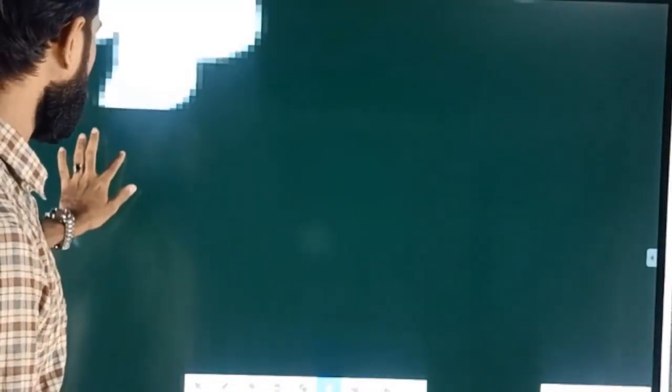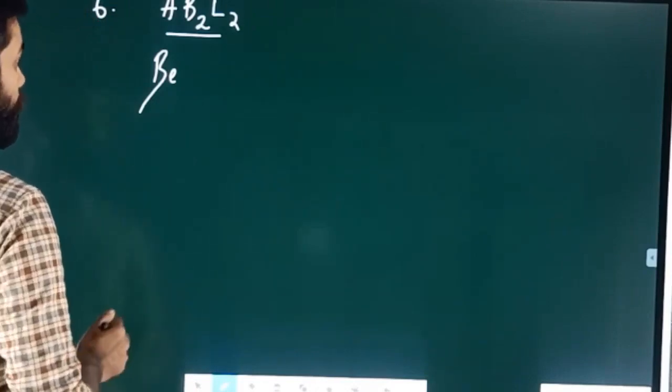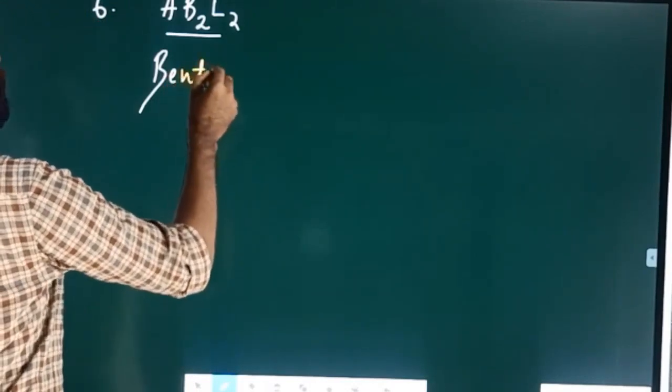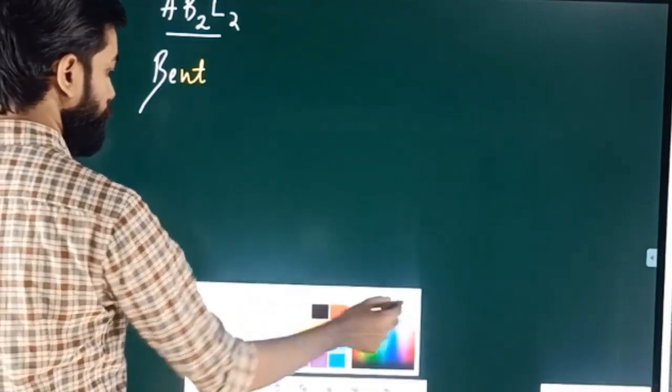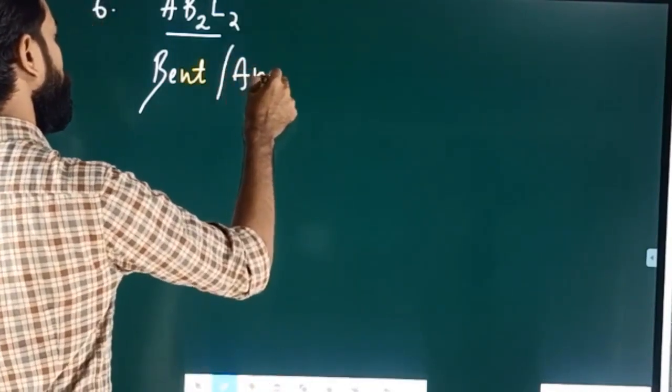So the next category is AB2L2. The shape is bent, angular or V shape.